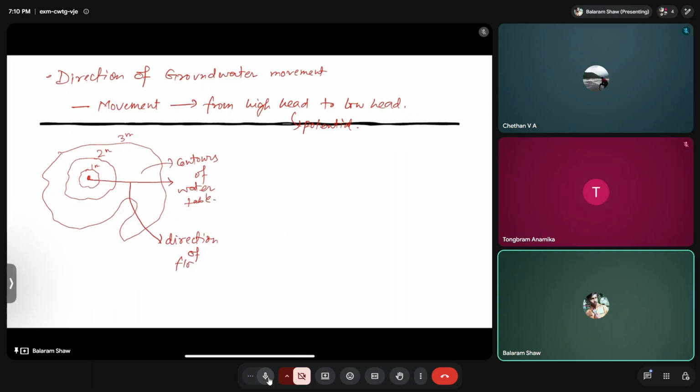That's why we call them equipotential lines. This means equal potential, that is equal heads. So if we join all the points having equal potential or equal head, we call that line an equipotential line. Therefore these flow lines and equipotential lines will always be perpendicular to each other.